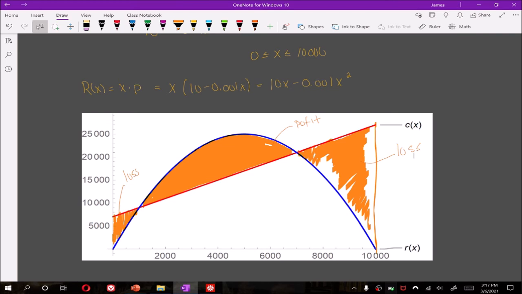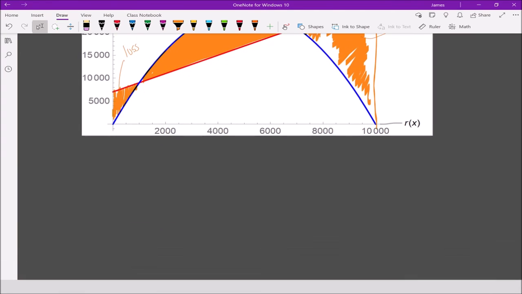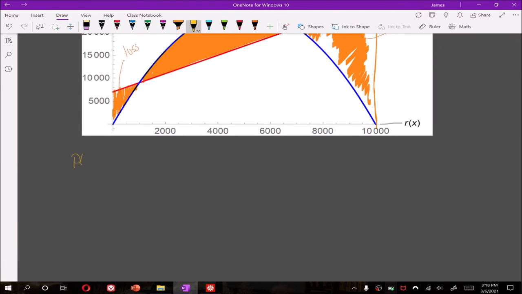Now let's take a look. We want to find the marginal function, so we're also going to need to find profit, which of course is the revenue minus the cost.